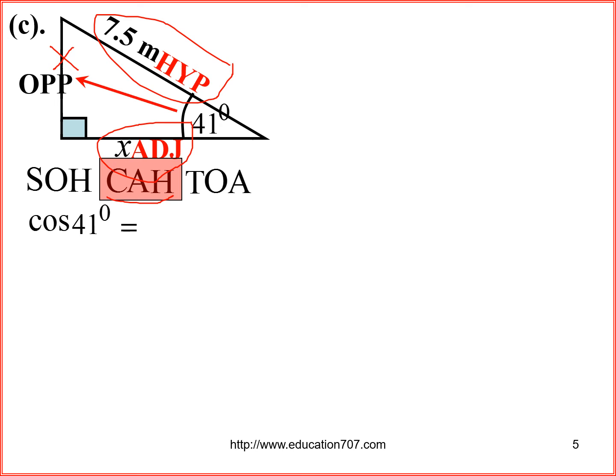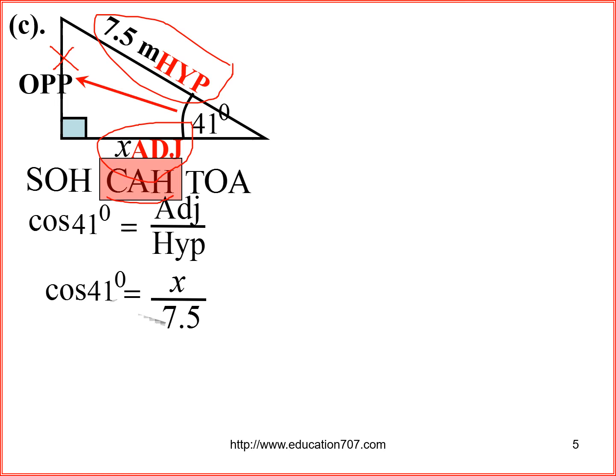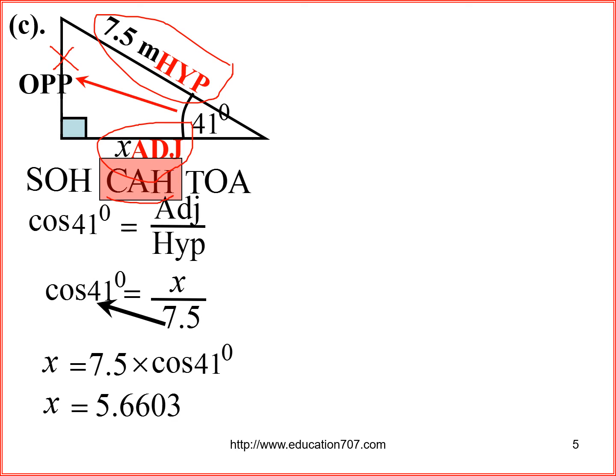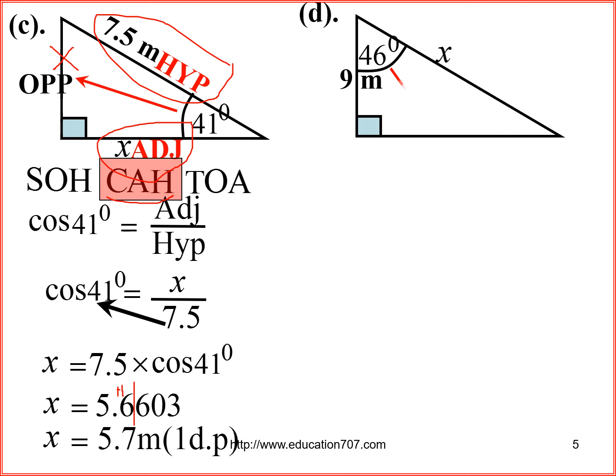Cos of angle is equal to adjacent over hypotenuse. Cos 41, adjacent is x, hypotenuse 7.5. Now we cross multiply: x is equal to 7.5 cos 41. So x is 5.6603 to 1 dp. The 6 exceeds 5, so we add 1 and obtain 5.7 meters.